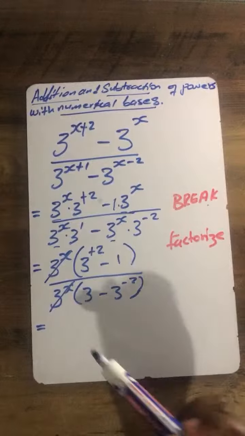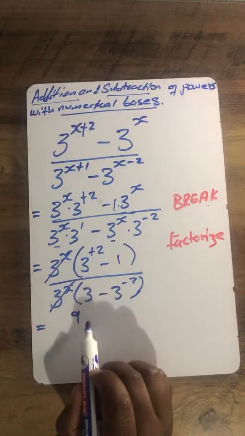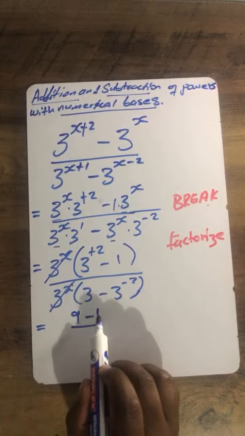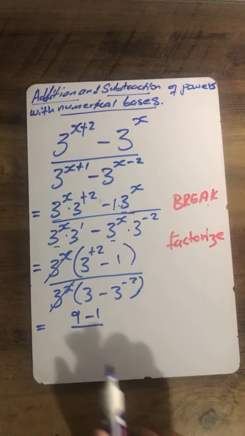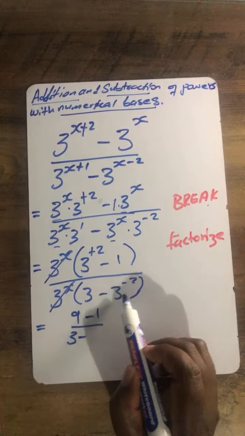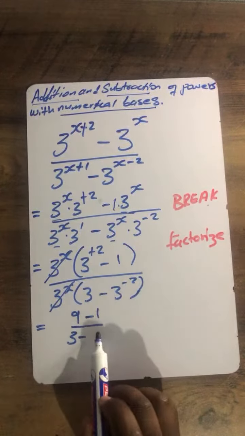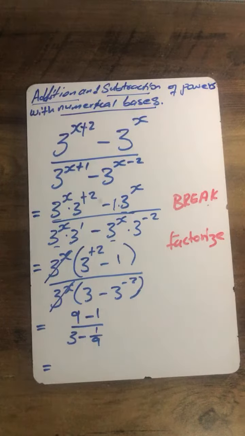So that means all that you need to do is, it's more like 3 squared is 9, you minus 1 over 3 to the minus 2. If you punch this one on a calculator, trust me, it is going to give you 1 over 9. And then you can just punch all of this on a calculator.